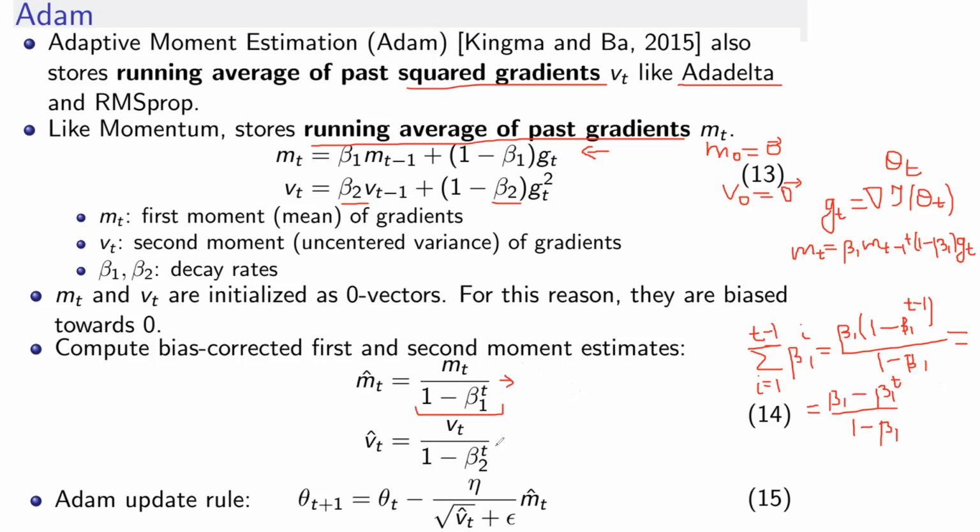We calculate m hat, we calculate v hat, and then substitute them into the formula. So v hat is also a vector. As you remember, this is the squares of the gradient. So for each component of theta, we will just update the values based on those values. That's all.